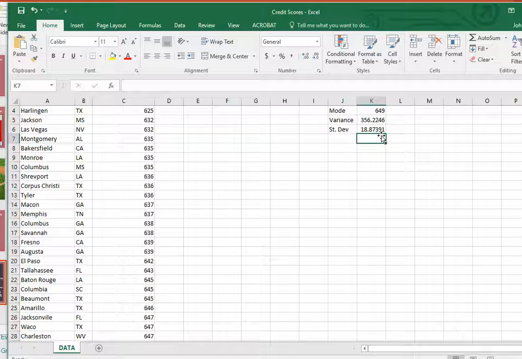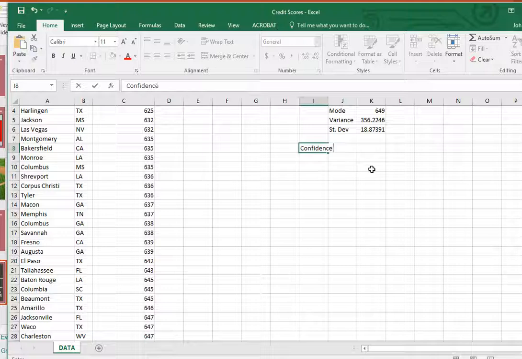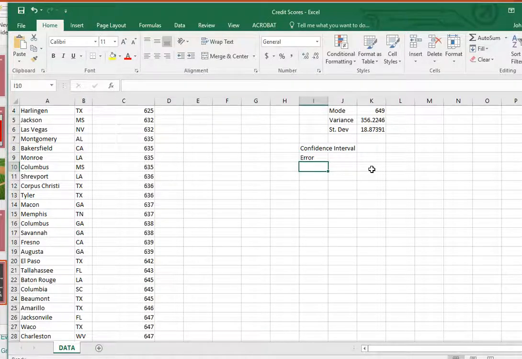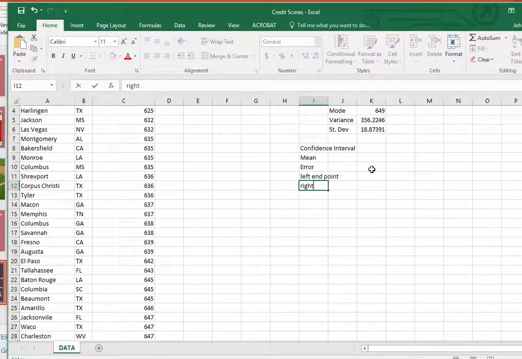So we go to, let's do this. The questions asked for a confidence interval, right? Okay, I need my error. Let's put my mean, let's put my error, and then let's put left endpoint and right endpoint.